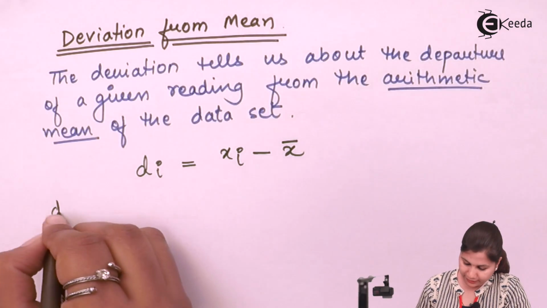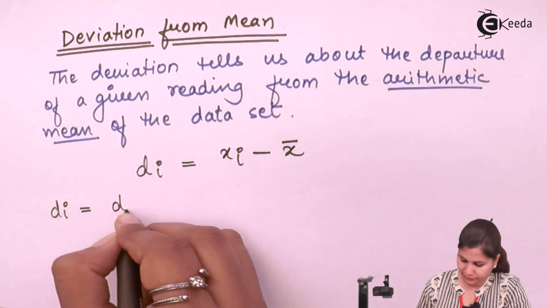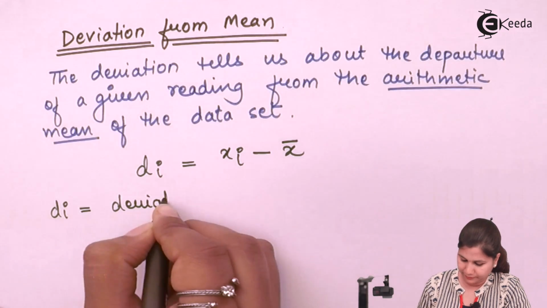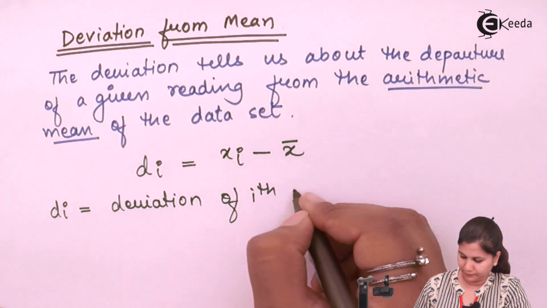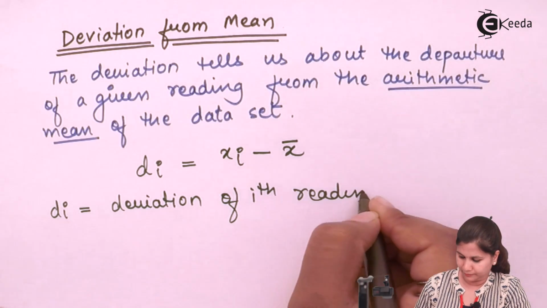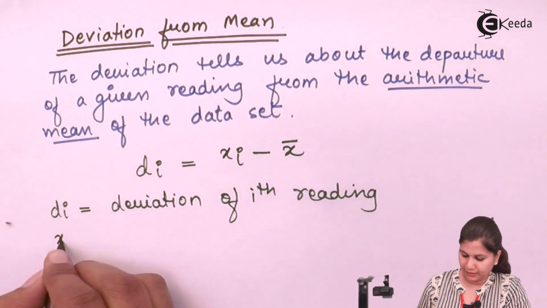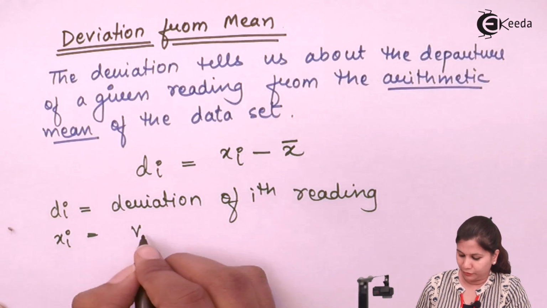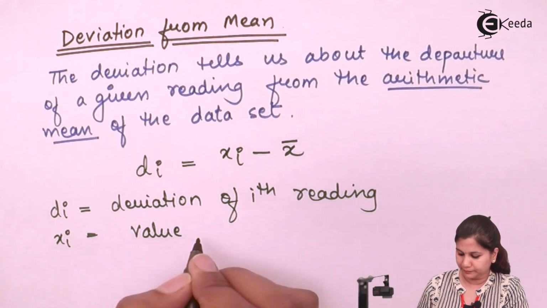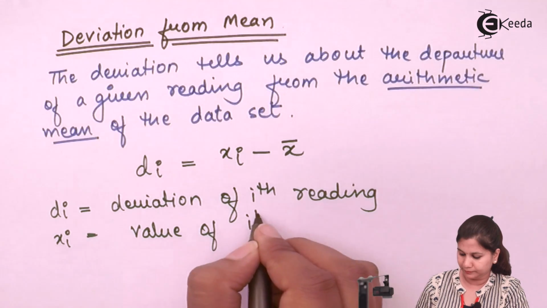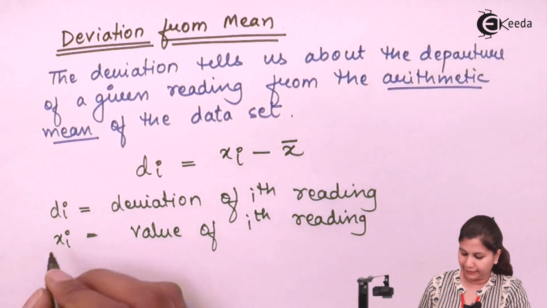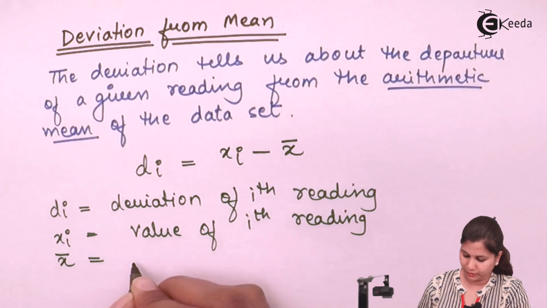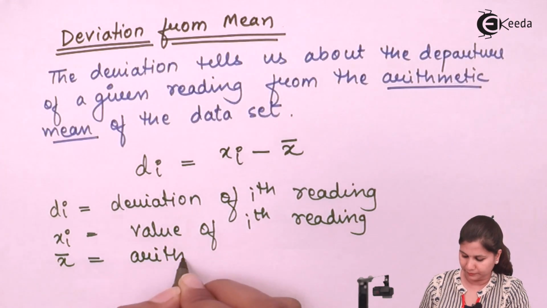Here di is the deviation of the ith reading, xi is the value of the ith reading, and x bar is the arithmetic mean.